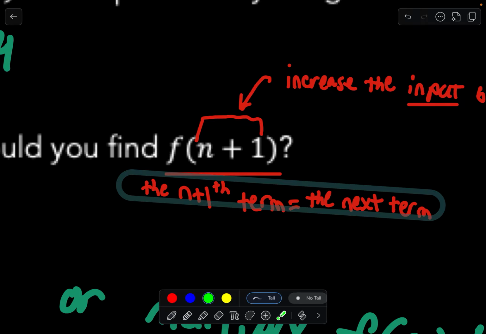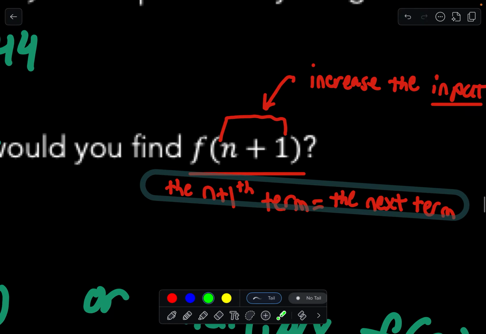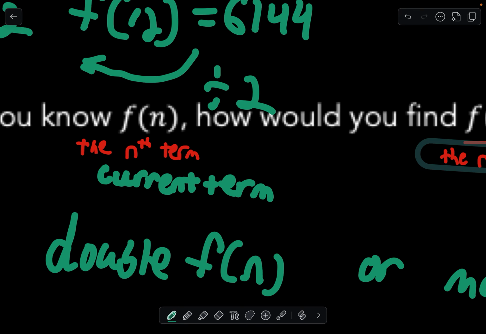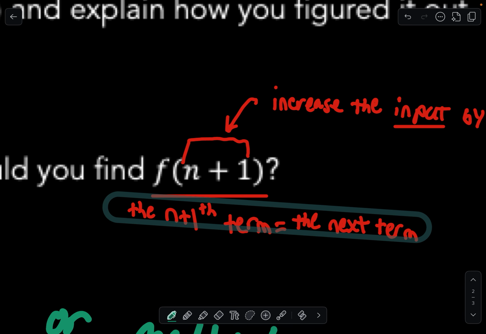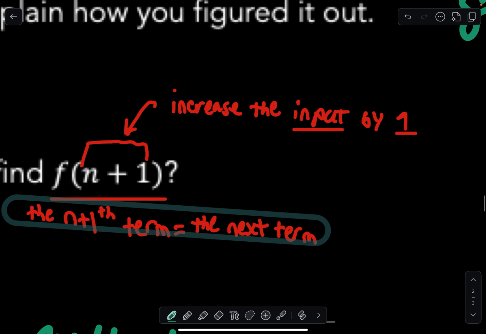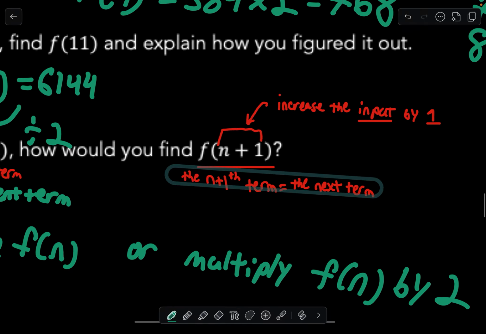I know that's a weird way. It's the n plus 1th term, which equals the next term. So this would be like the current term, we could call it, and this over here is the next term. The n plus 1 inside just means we're increasing the input by 1. We're going to the next one higher term in the sequence. And that's what that means.